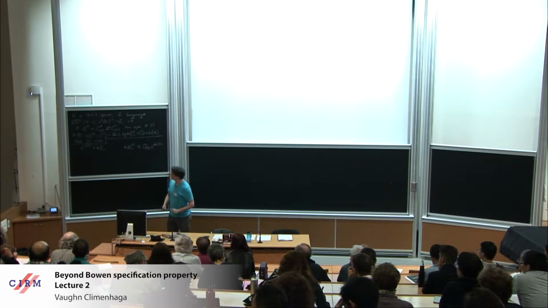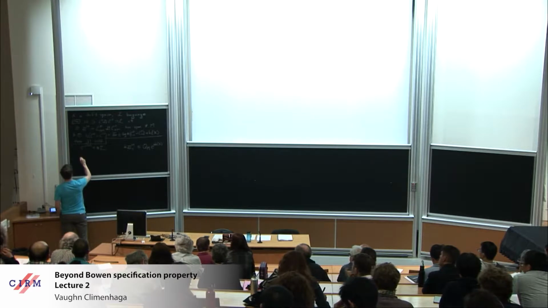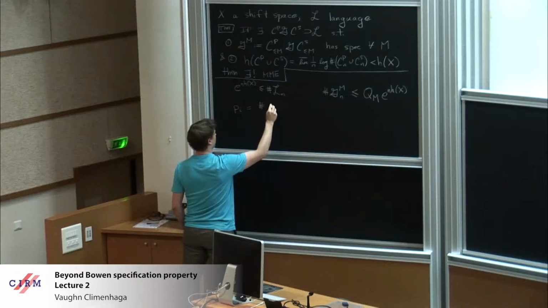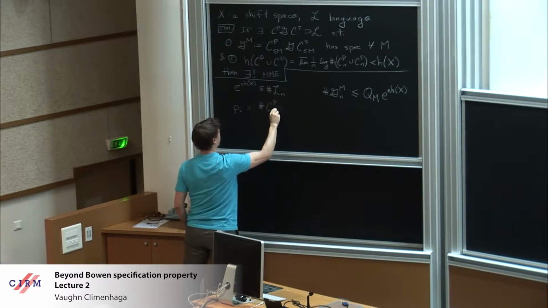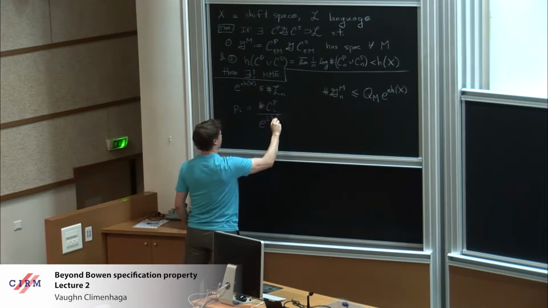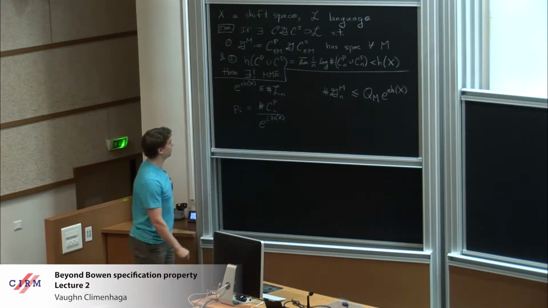So let me show you the computation. Let me start by defining a couple of quantities. Let P sub i be the number of prefixes of length i divided by e to the i times the topological entropy.